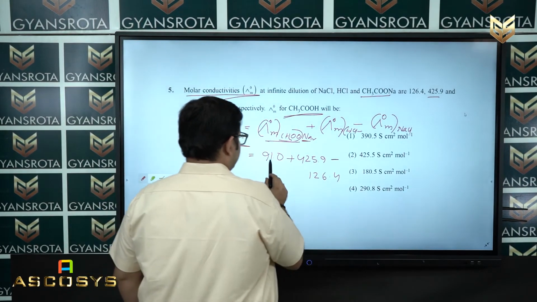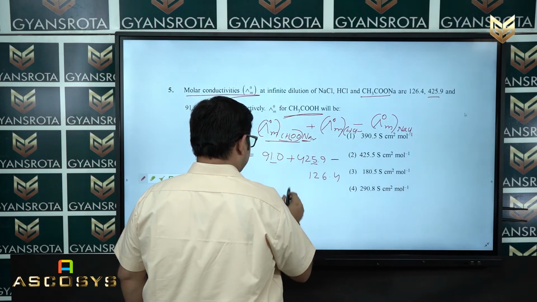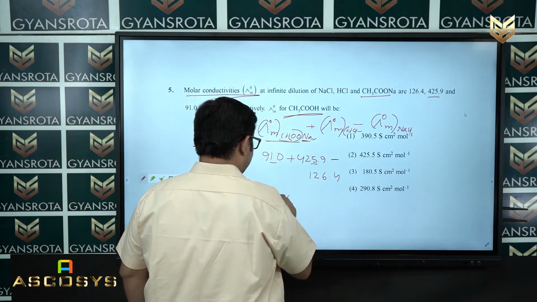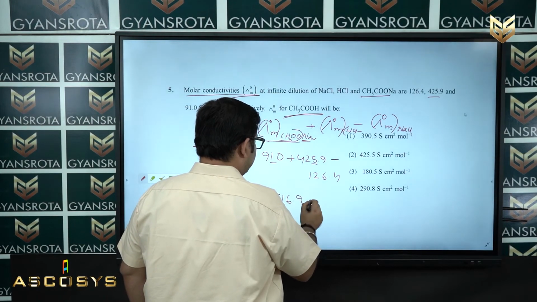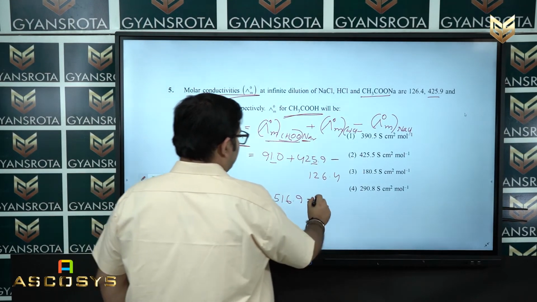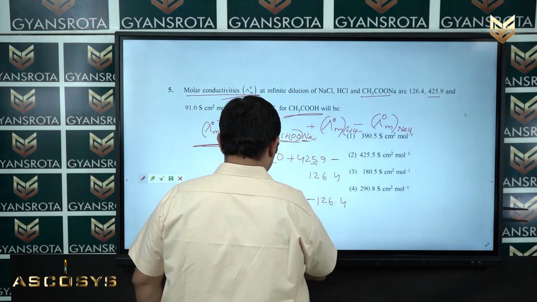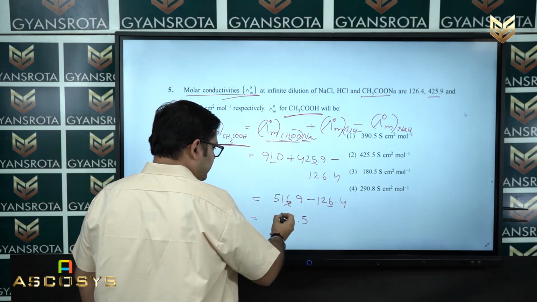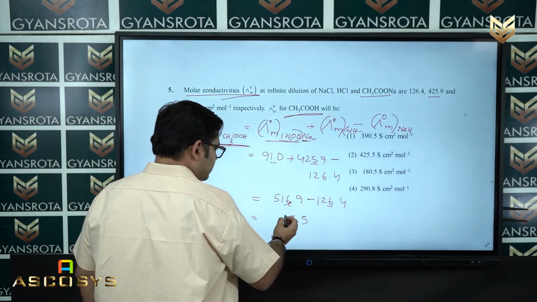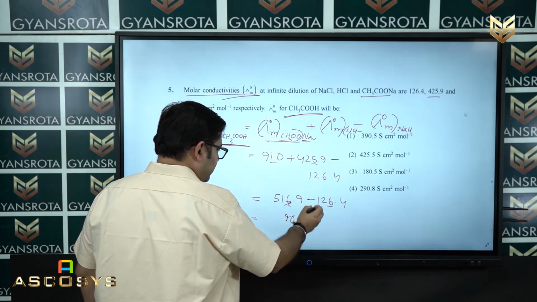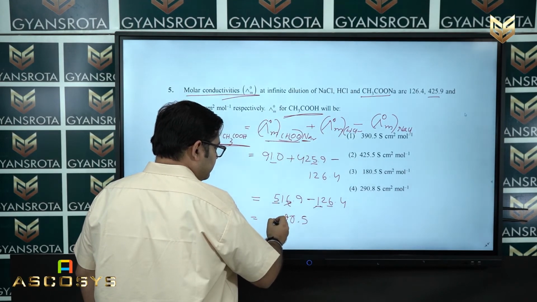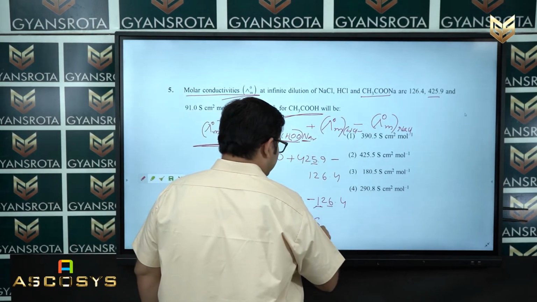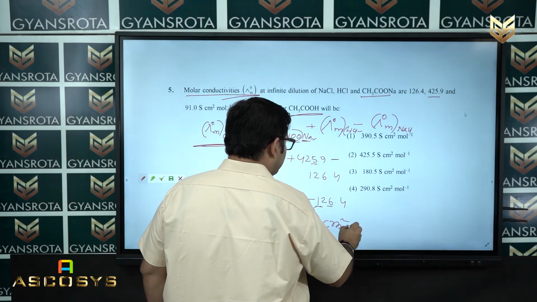Now just do the calculation: 91.0 plus 425.9 is 516.9, minus 126.4, so it will be 390.5 Siemens centimeter square per mole.